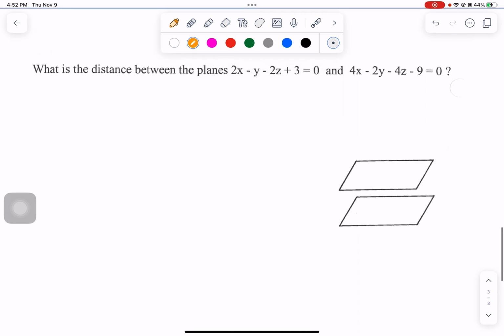Can we figure out the distance between two planes? Maybe. Let's say I find a point on this plane.